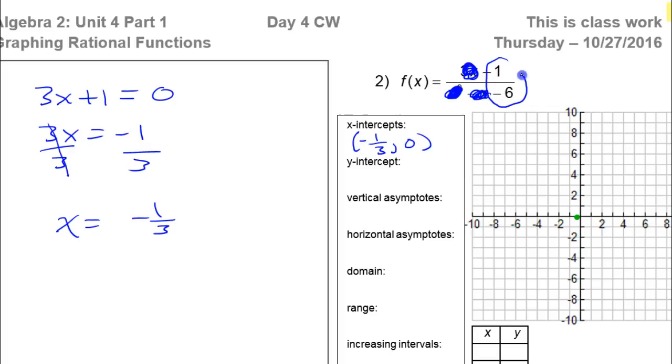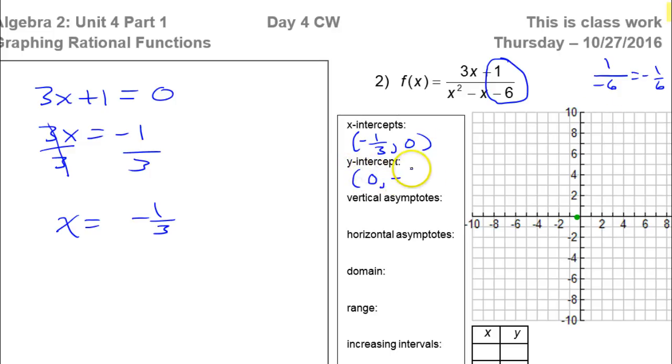So that's really going to just leave 1 over negative 6, or negative 1/6. Okay, so that's what you wind up with if you plug in 0 for all the x's. Really just this part is left.